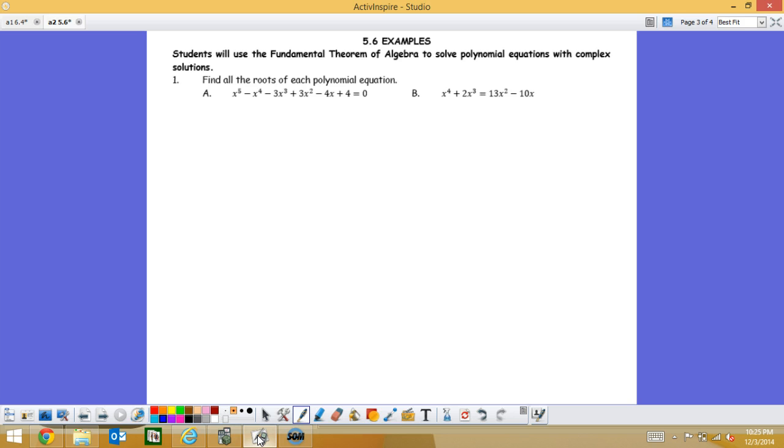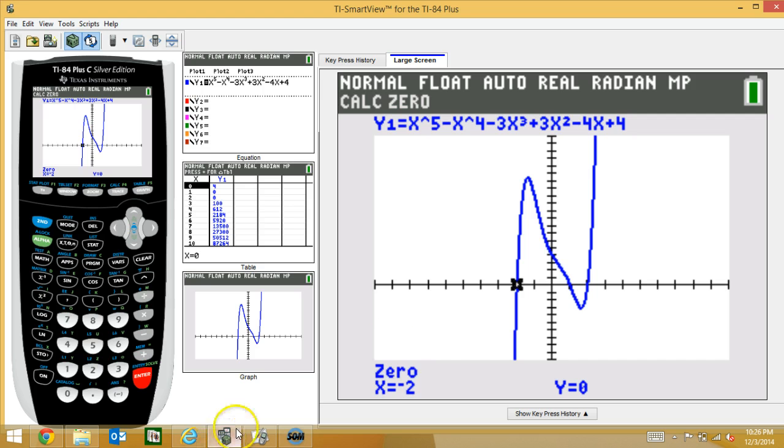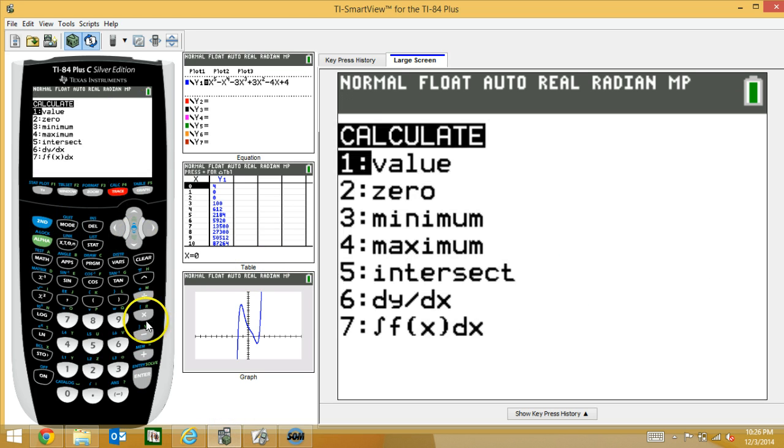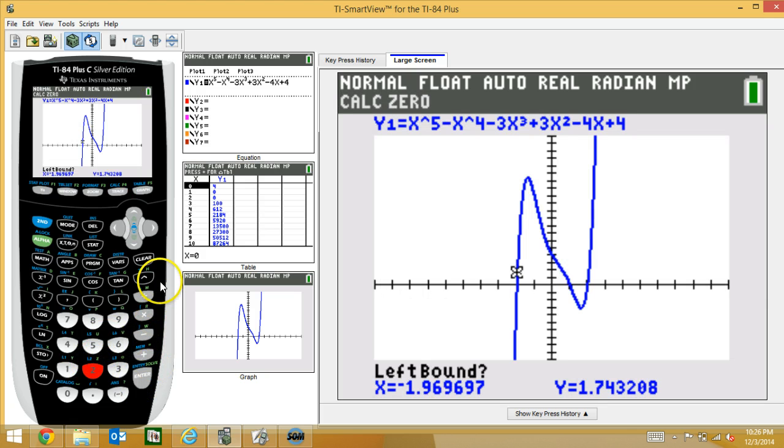So I'm going to go ahead and down here at the bottom, I'm going to write these rational zeros that we have. Okay, so then we have -2. I'm going to just make sure and calculate that second one. I'm going to calculate another zero.